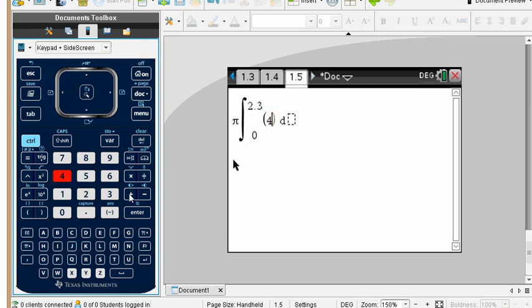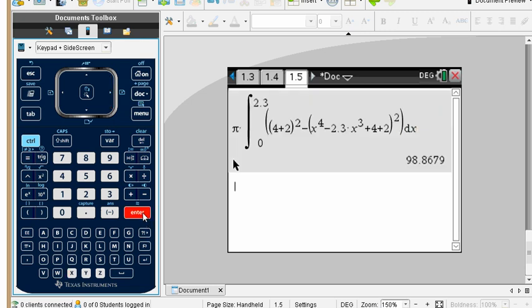We know that's 6, but that'll be fine. We square that. And from that we subtract. Calculator puts in our parentheses nicely for us. Minus 2.3 x cubed plus 4 plus 2 for that additional 2 we have, and we square that, and then we go to dx. We should have 98.8679.